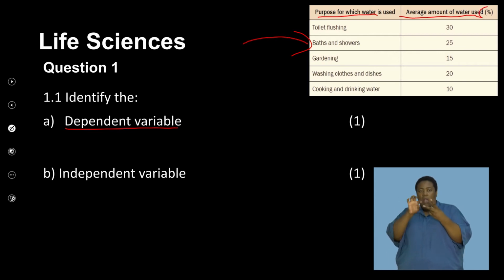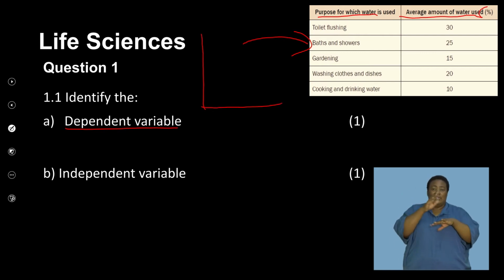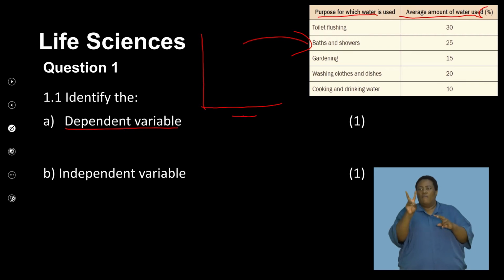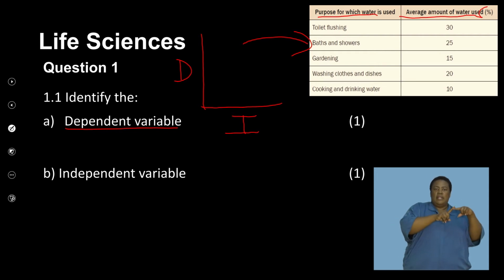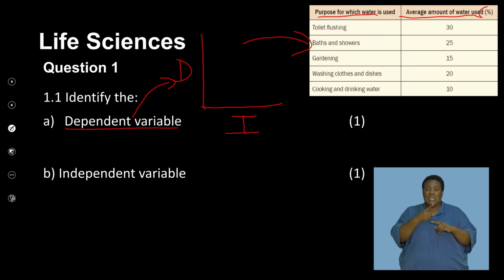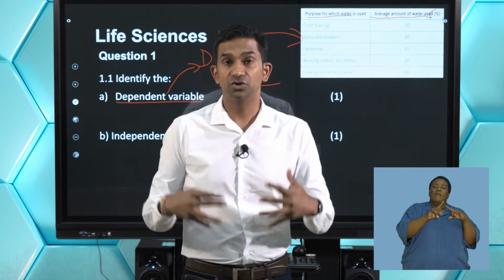What's important to understand is that in any experiment, there are several variables: we have the independent variable, we have the dependent variable, and we have a whole lot of control variables. And in this investigation, the question you ask to determine the dependent variable is, what is being measured that helps us to draw a conclusion or to collect data?